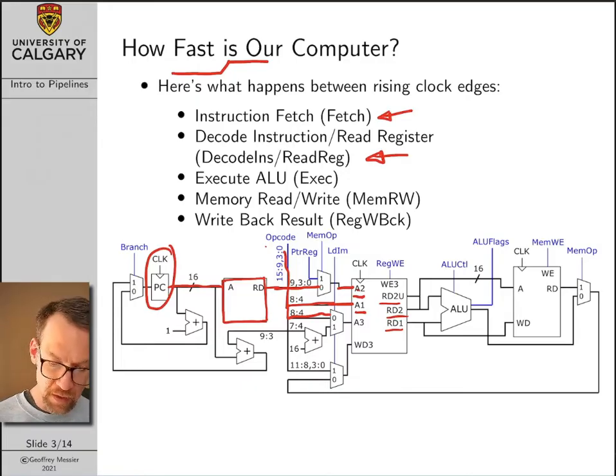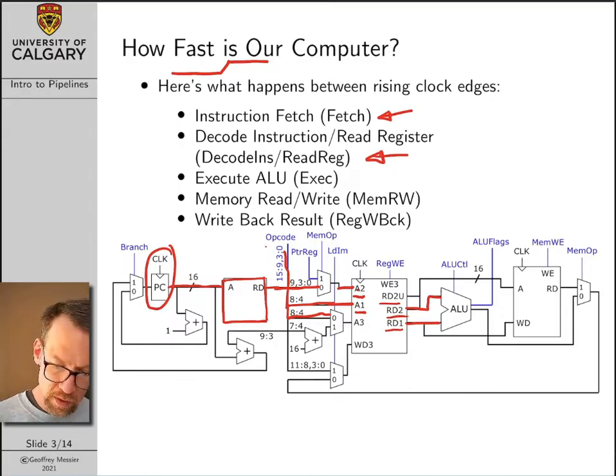Now, what happens next is the values in our registers are fed into the inputs of our ALU. Not for all of our instructions. Sometimes our values bypass the ALU, but for now, let's assume that these values are required by the ALU, and the ALU is going to do some work for us.